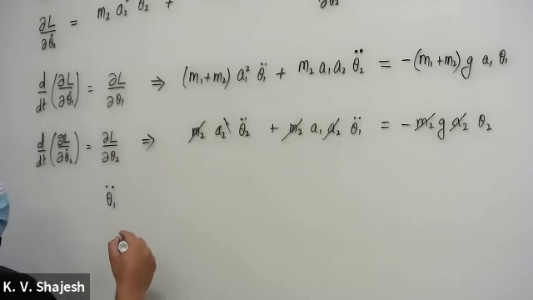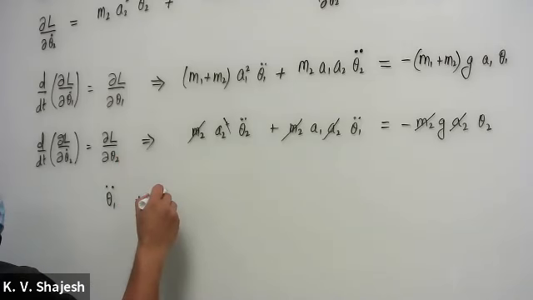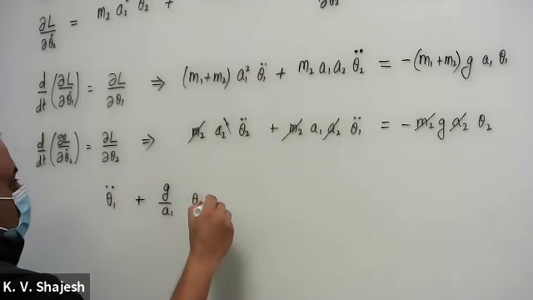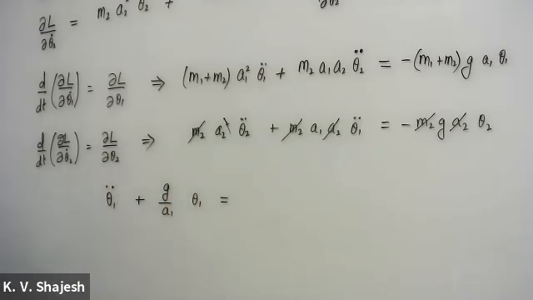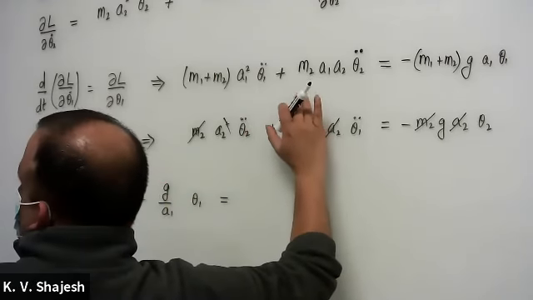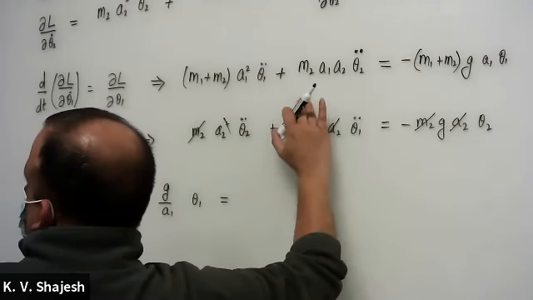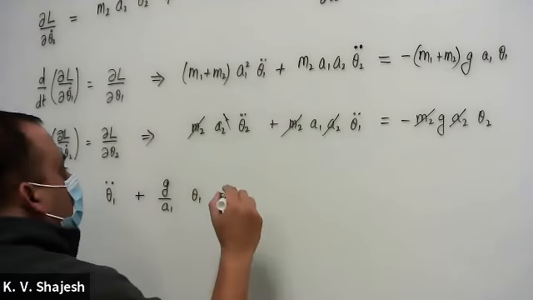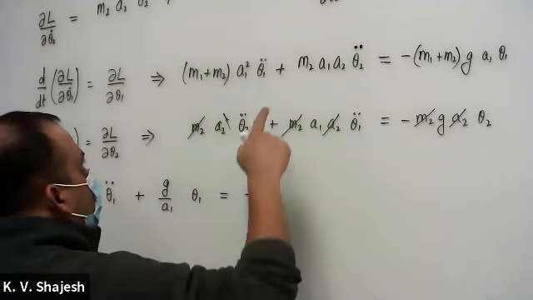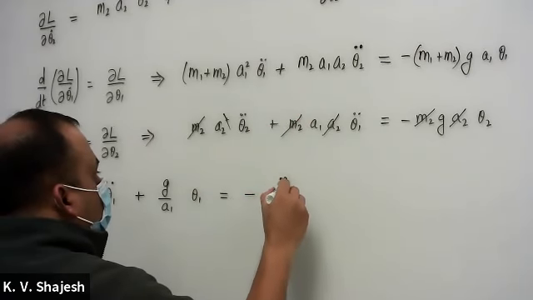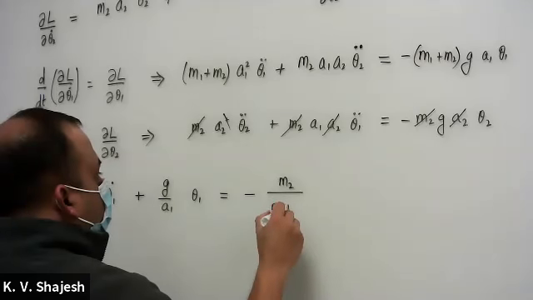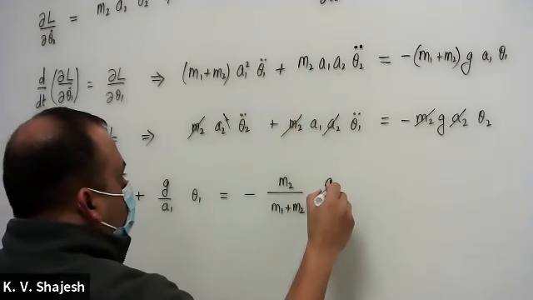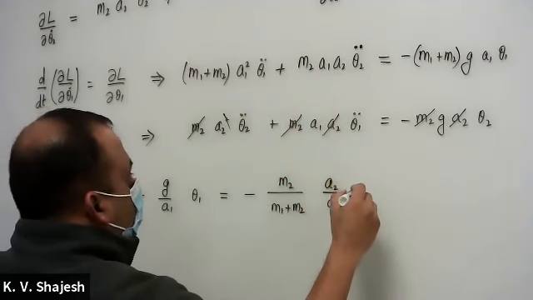So there is G over A1 remaining, plus theta 1 is equal to, this seems to be a minus sign, minus M2 over M1 plus M2. And since I'm dividing by A1 square, I have A2 over A1. And that's theta 2.